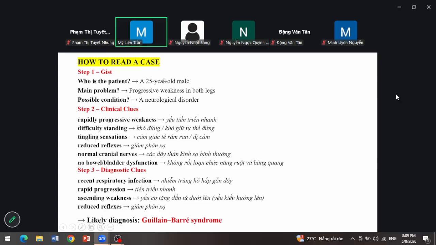How to analyze the case? A 25-year-old male. He has a progressive weakness in both legs, and he may have a neurological disorder.